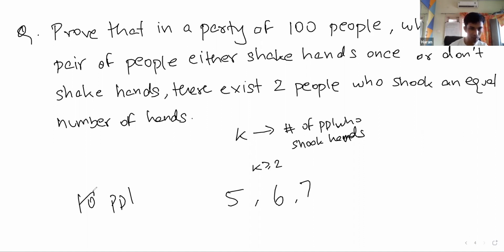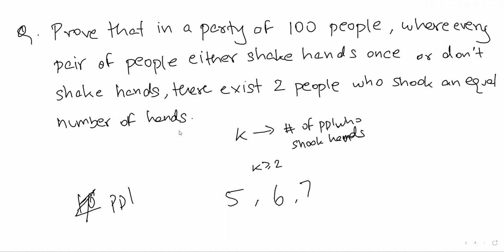Okay, let me say there are 4 people, in some really large group. If every one of these 4 people shook hands 5 times, 6 times, or 7 times, can you say that there are 2 people among these 4 who shook hands an equal number of times?